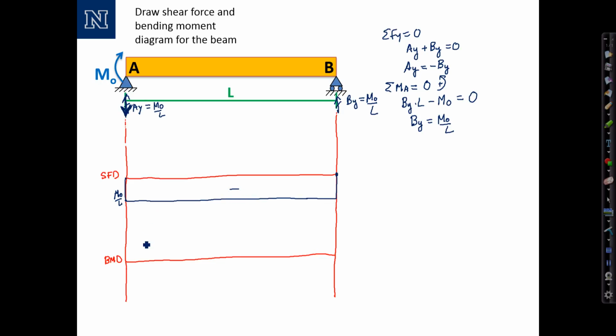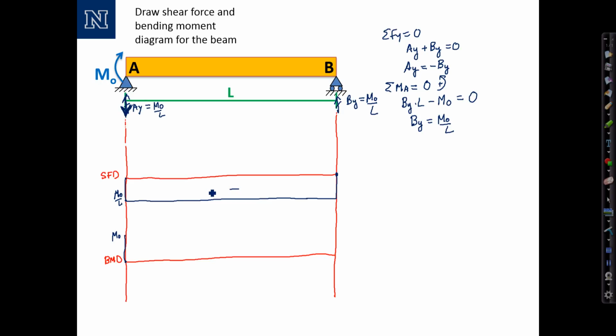For the bending moment diagram, we have a concentrated moment M naught at the end of the beam acting in the clockwise direction. The rule tells us that our bending moment diagram jumps up by an amount M naught. Because the shear force is constant, the bending moment diagram will be linear.